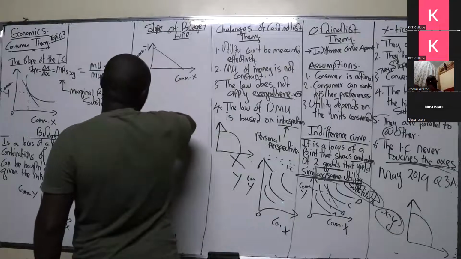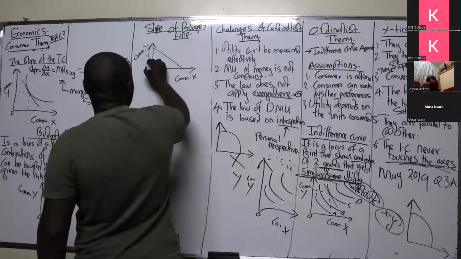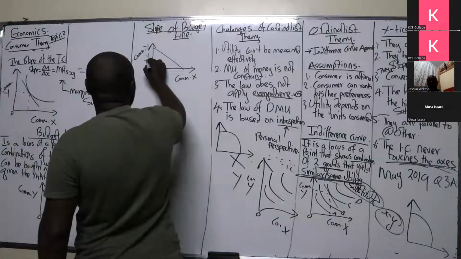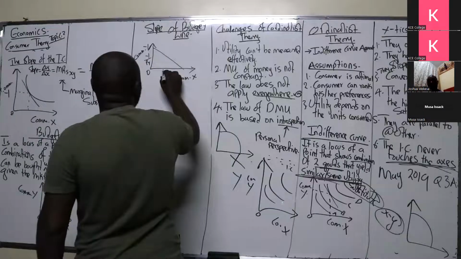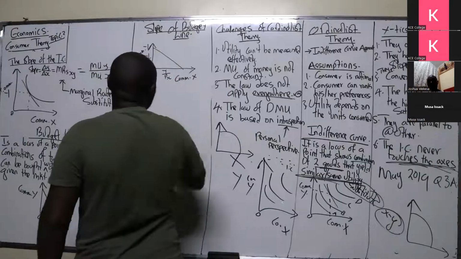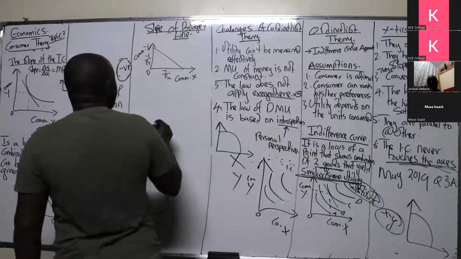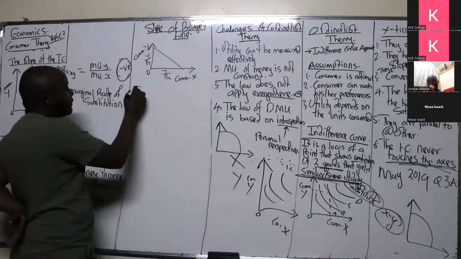Assuming consumption, that will be our income divided by the price of Y, and this shall be income divided by PX. How do we get our slope here?